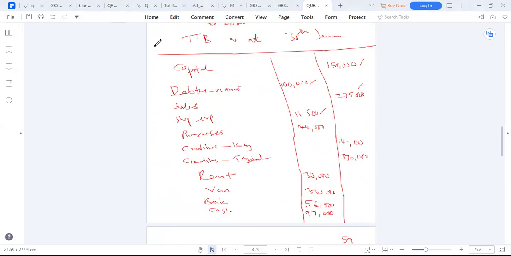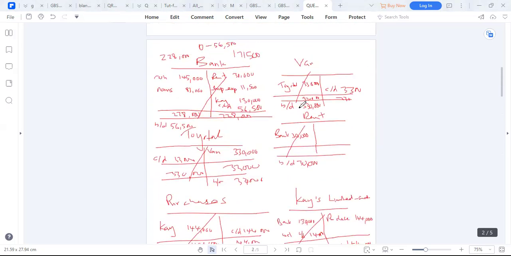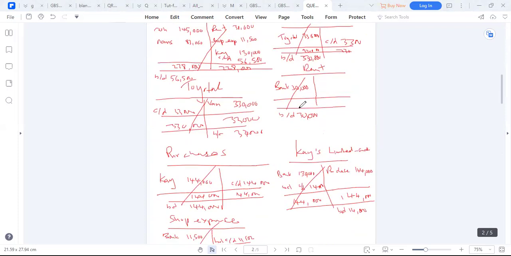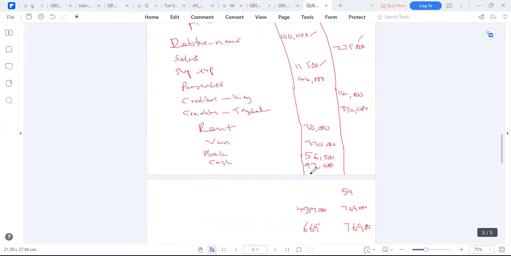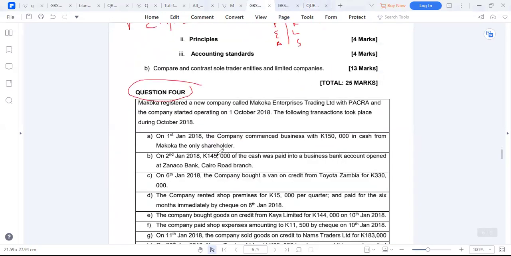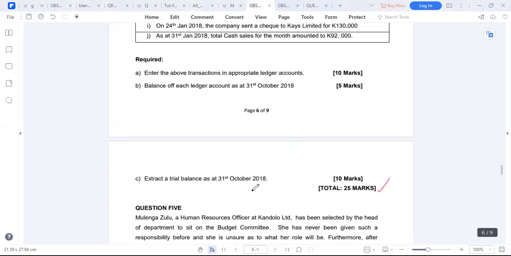After this, I saw 100,000 somewhere. Did you take note of it? Okay, there's 100 that we would have just omitted somewhere, but otherwise I've addressed most of the issues that we needed to look at in this question. So this is how you get your 25 marks.